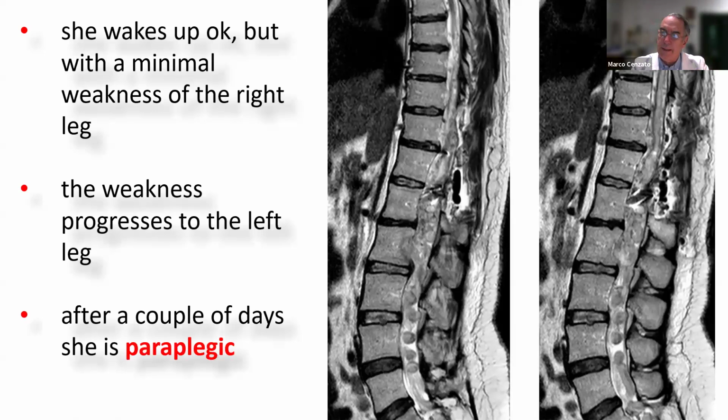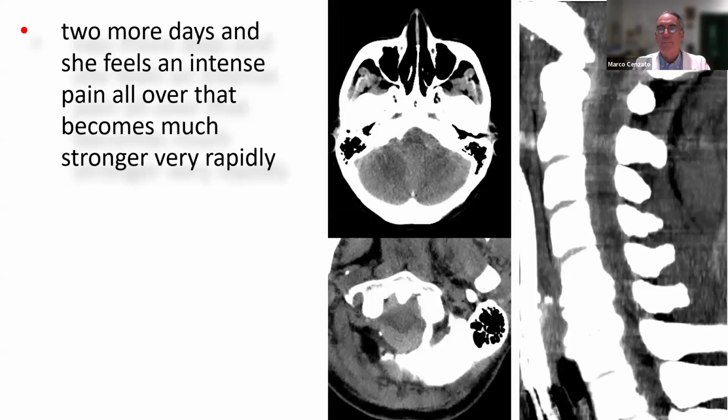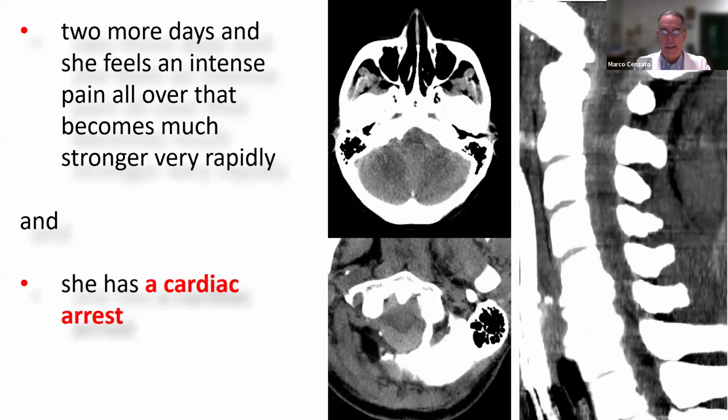So we interpreted that this ugly and large venous pouch, although the AVM was occluded, the problem was that this large vein then progressively thrombosed, and so we decided to put the patient on heparin, but after 2 days she had a very intense pain in the neck, and then she suddenly died because something bled.